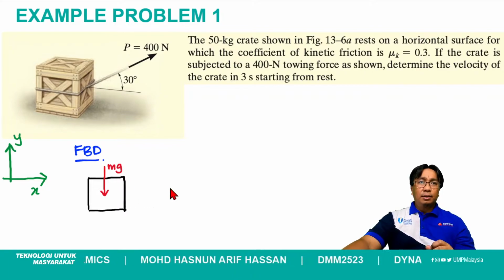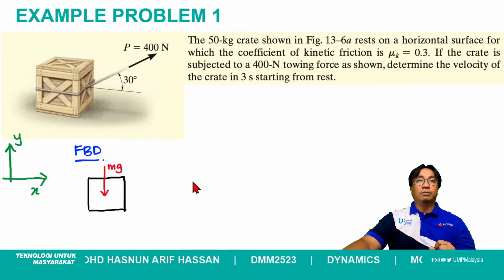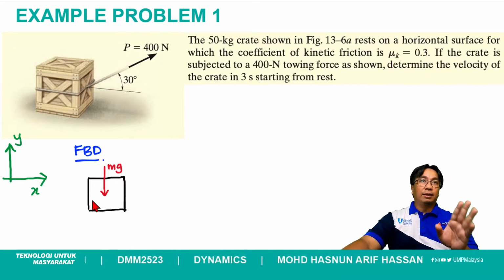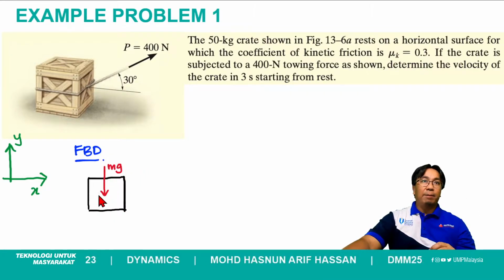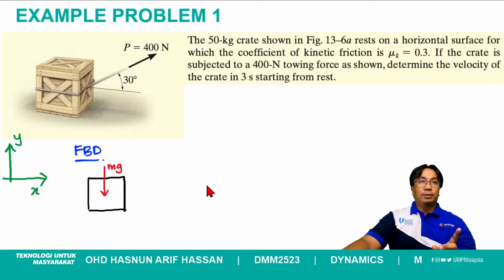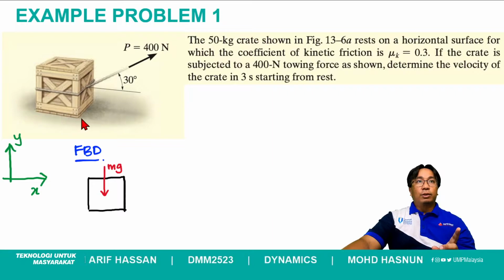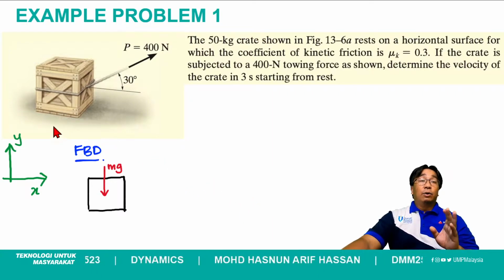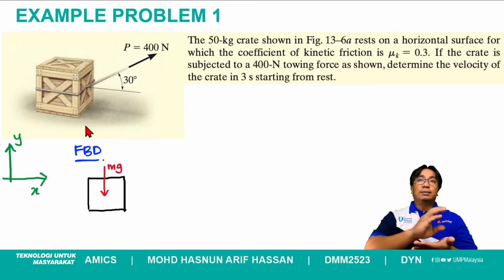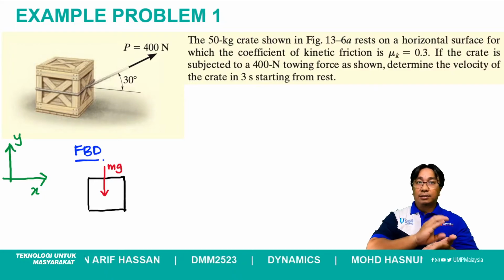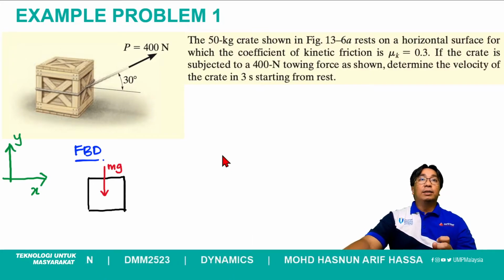Okay, Faris Ikmal said there is a friction force. Correct. Friction force, later, wait first. Okay, so first we have mg. What is the next force that we have? You look here. Normal force. Thank you, Ahmad Ferry. Whenever an object is in contact with the ground, there must be a normal force.